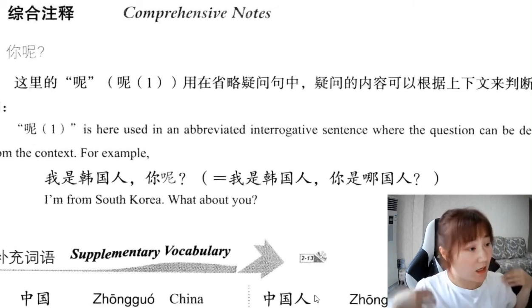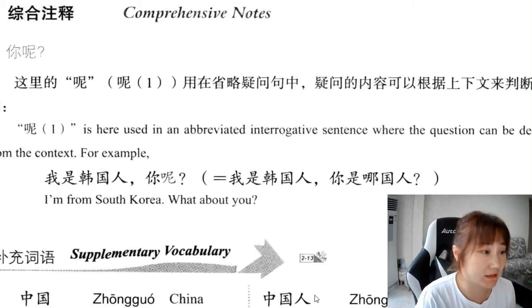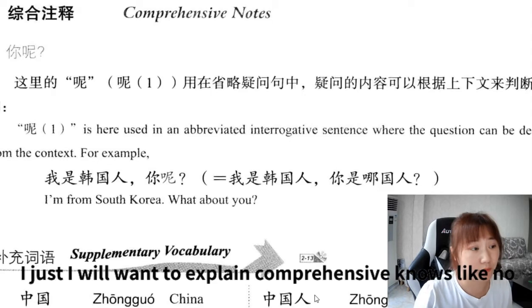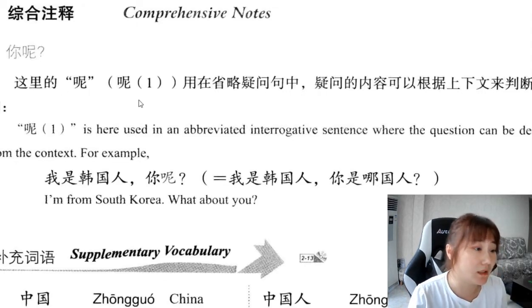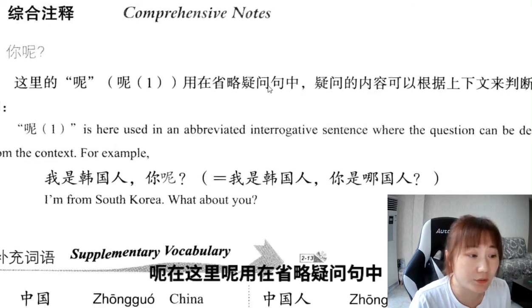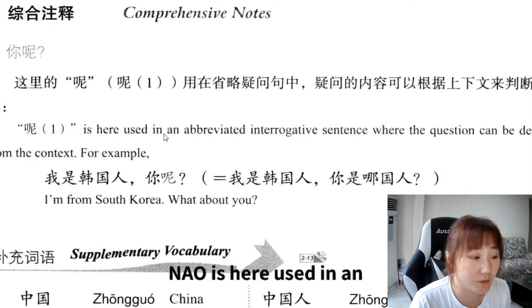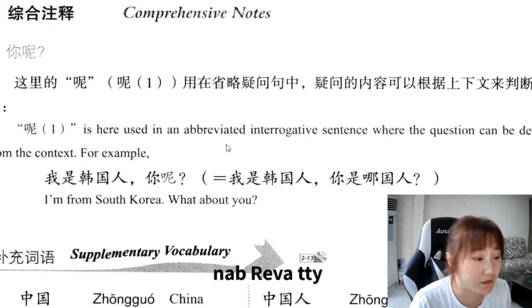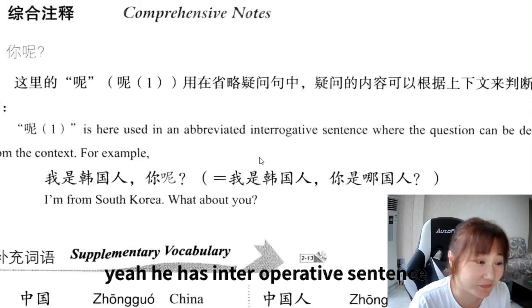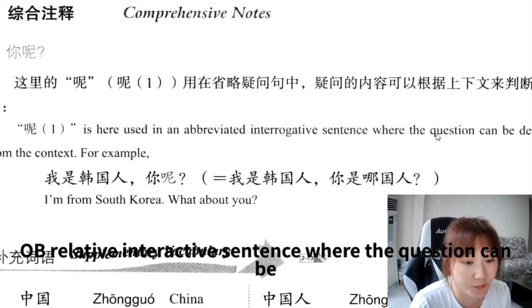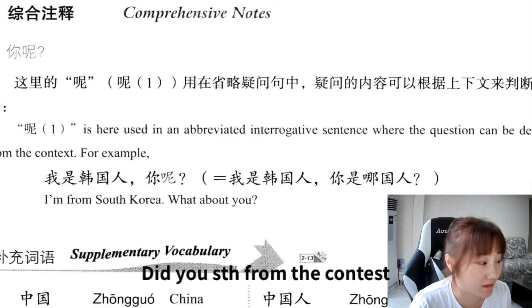Yes, and now I will translate. I want to explain comprehensive notes like now we learn about 呢. 呢 here is used in an abbreviated interrogative sentence, where the question can be deduced from the context.